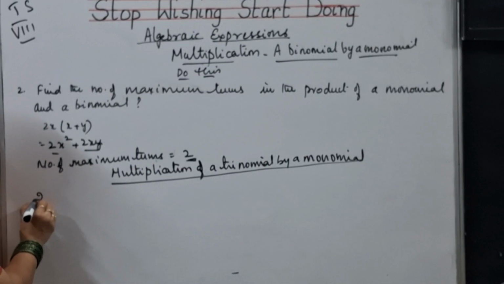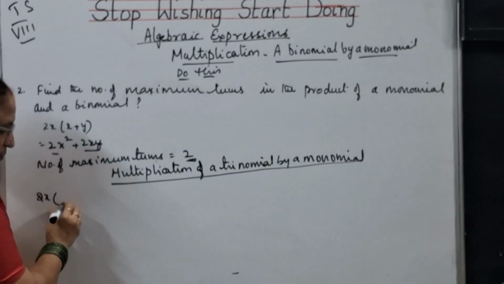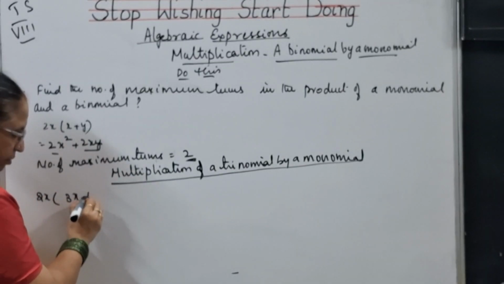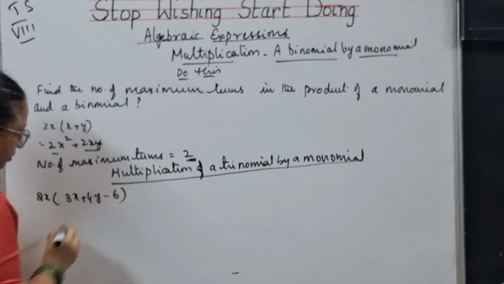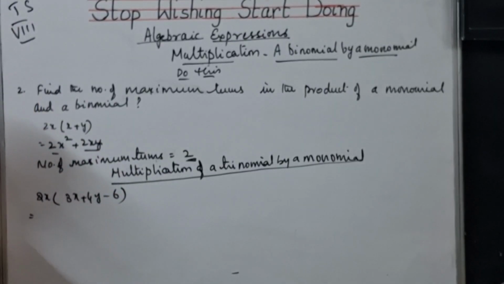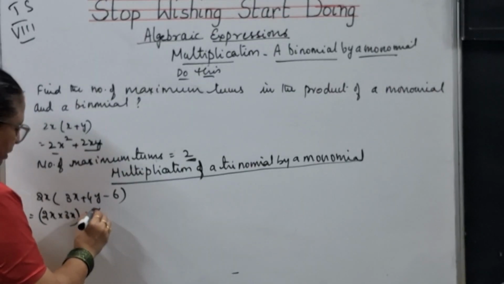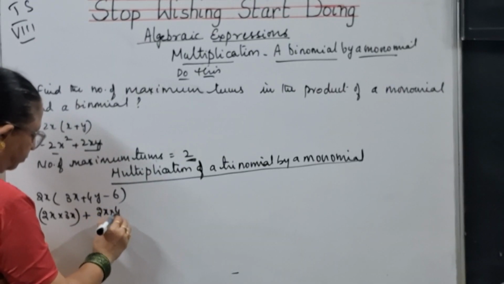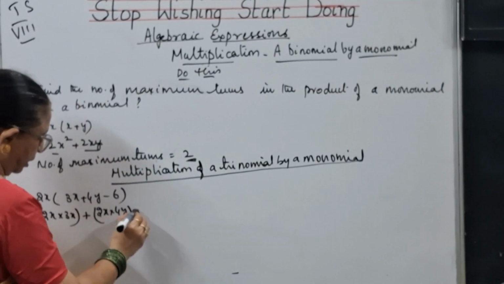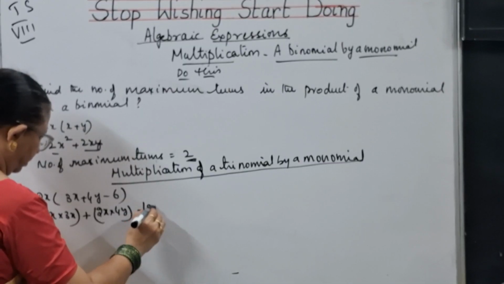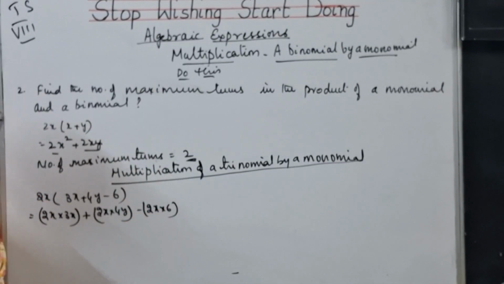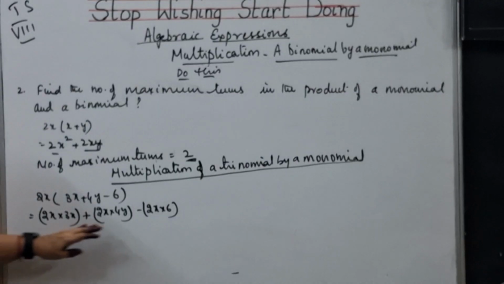So we have got 2x into 3x plus 4y minus 6. Just like what we have done earlier, 2x into 3x plus, whatever sign is there, that we have to take, plus 2x into 4y minus 2x into 6. In this way, if you do, this will be very convenient for us to do the sum, children.